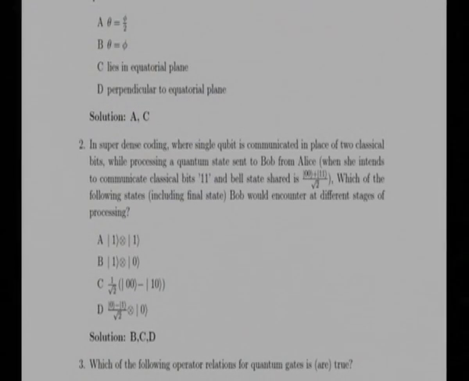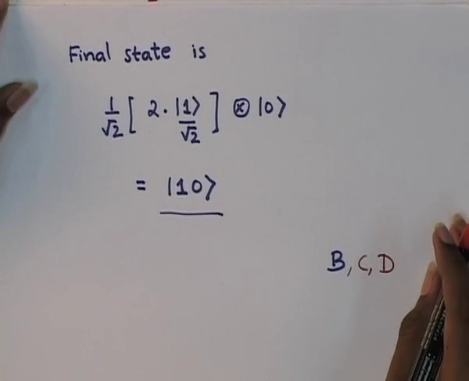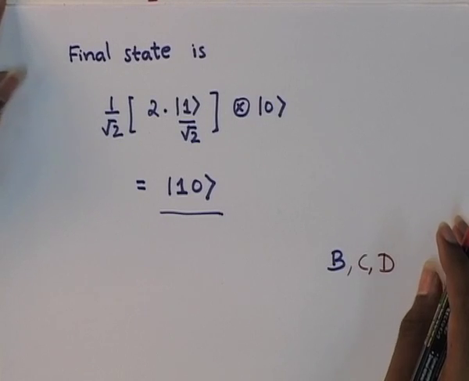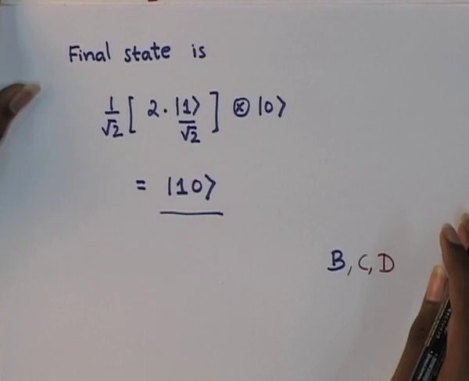So the correct options to this problem are B, C and D, which are the quantum states obtained by Bob at different stages of processing.